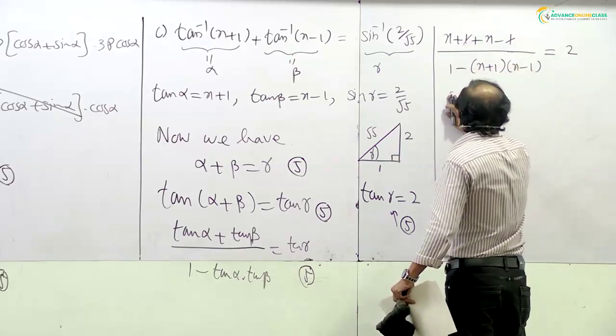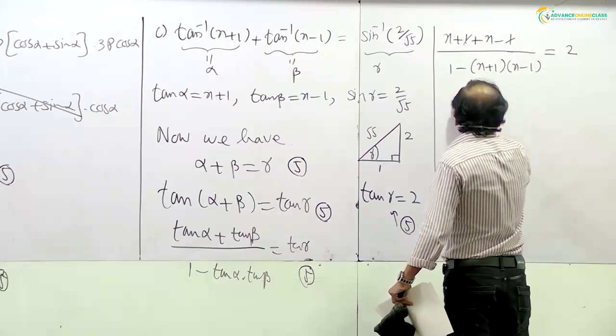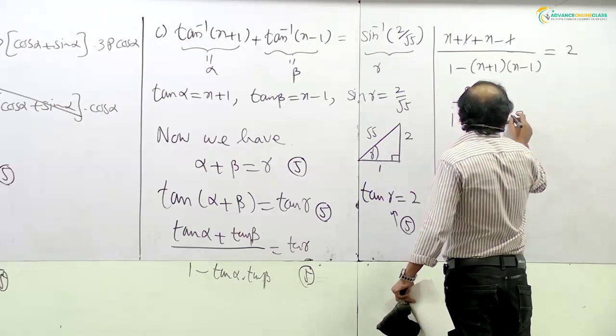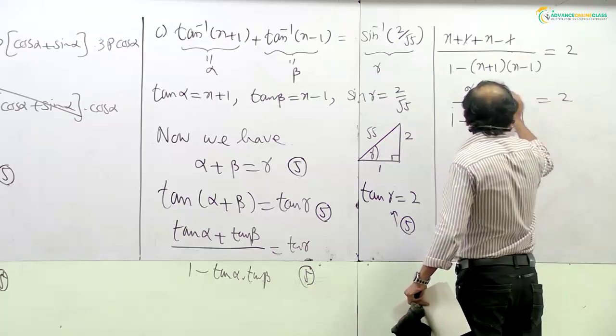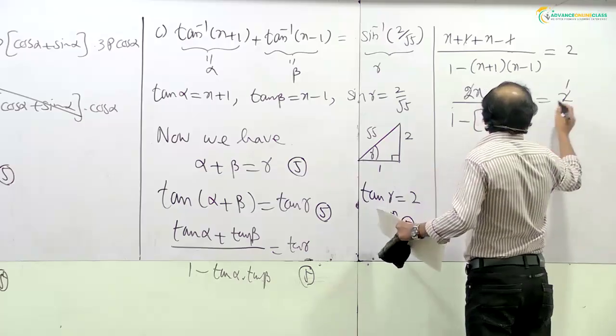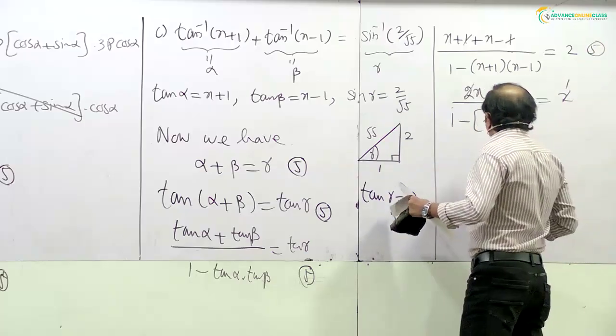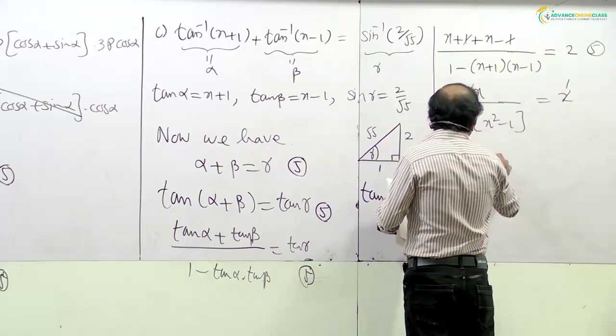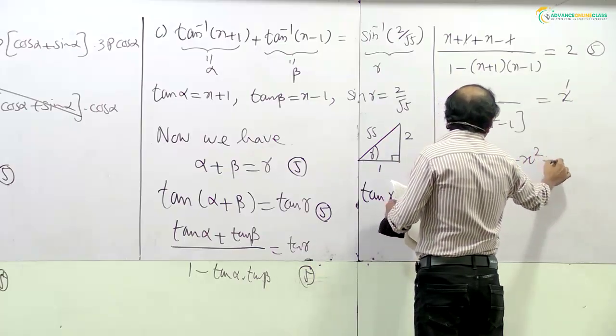Right, we get 2x over 1 minus (x squared minus 1) equals 2, and this 2 and this 2 you can cancel down. Okay, for the substitution 5 marks come in. And now use cross multiplication: x equals 1 minus x squared plus 1.